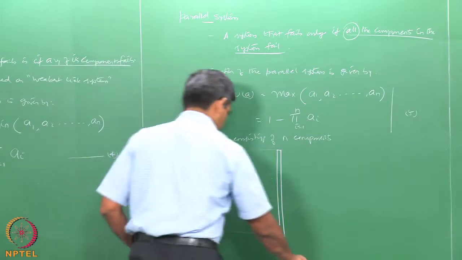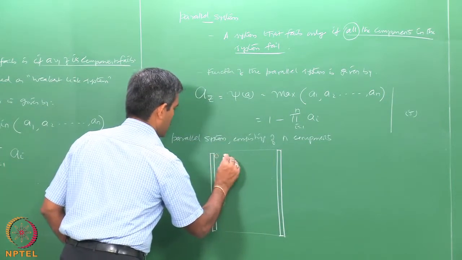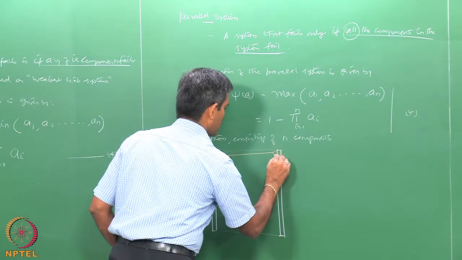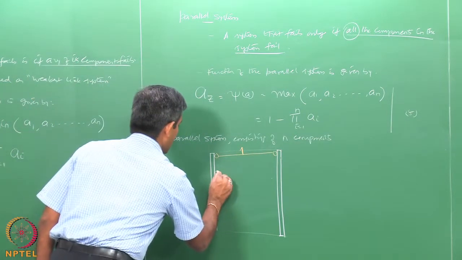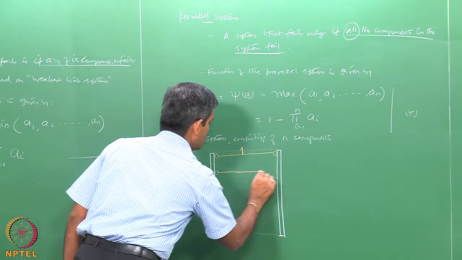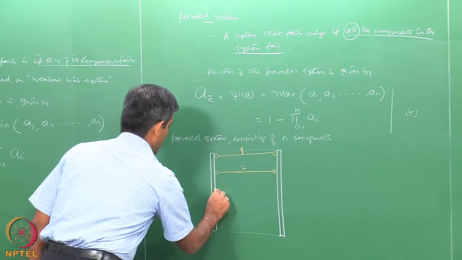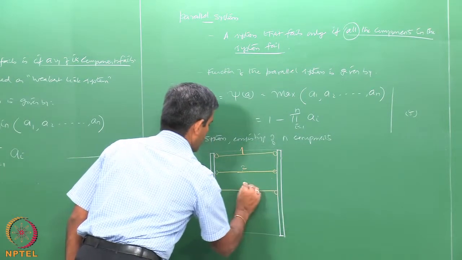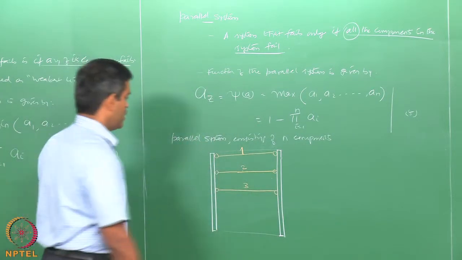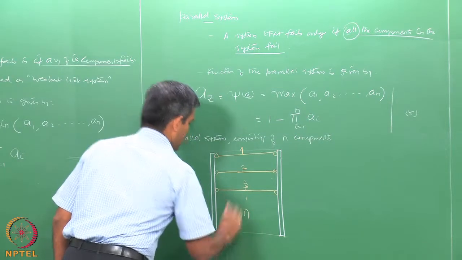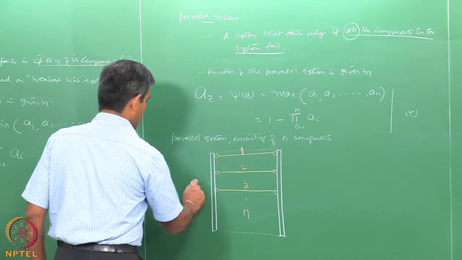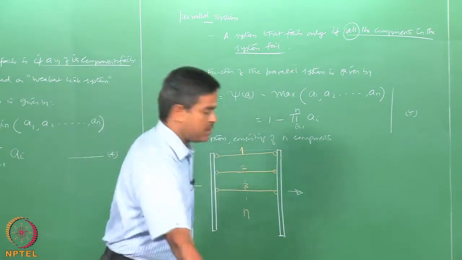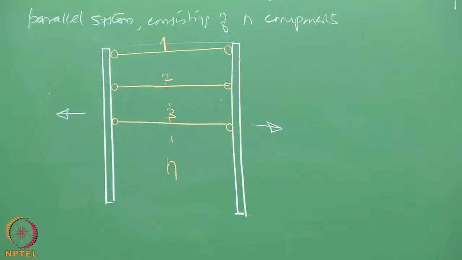I call this link 1. Similarly, I can have link 2, similarly 3, and it can continue till n. It can continue further also. This is a typical graphical representation of a parallel system with n components.